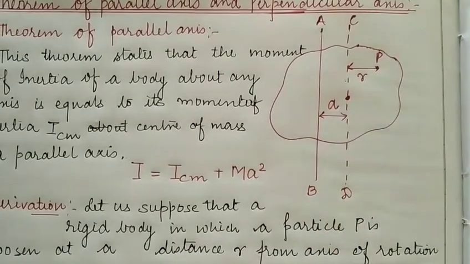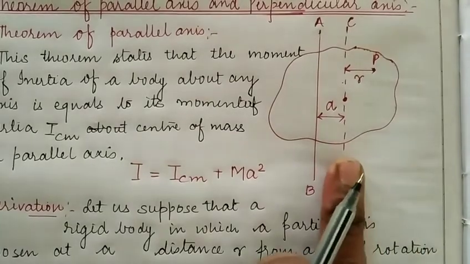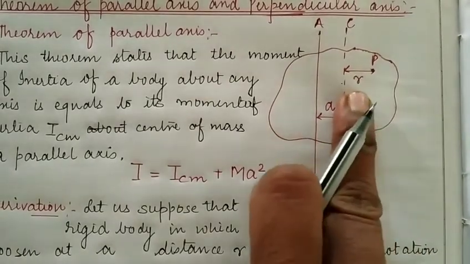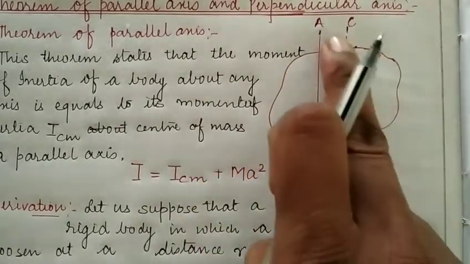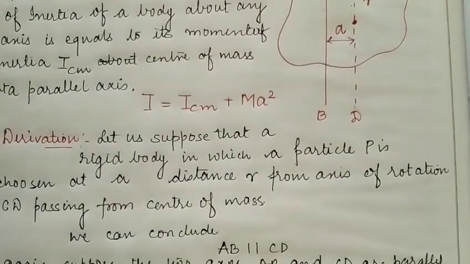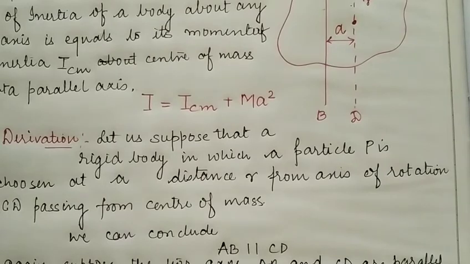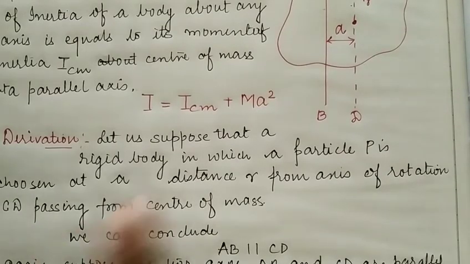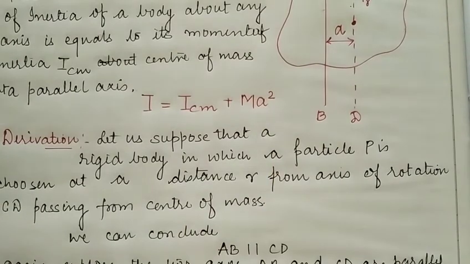So we are going to calculate the moment of inertia of this point P or this rigid body about the axis AB. First we will calculate the moment of inertia of that particle along the axis AB.